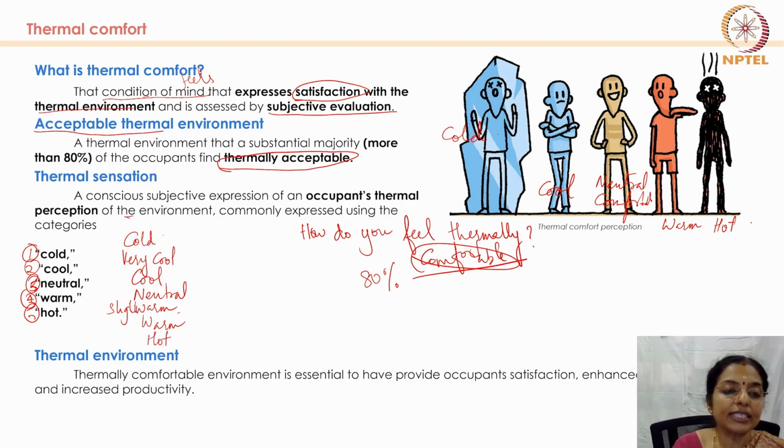So this is a 7-point scale and this is a 5-point scale.